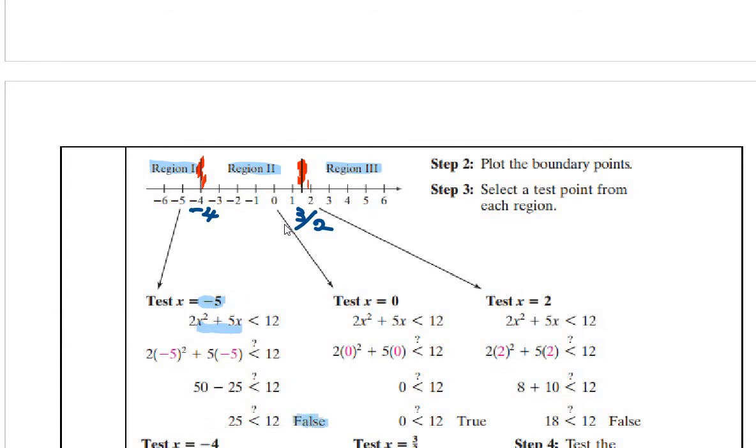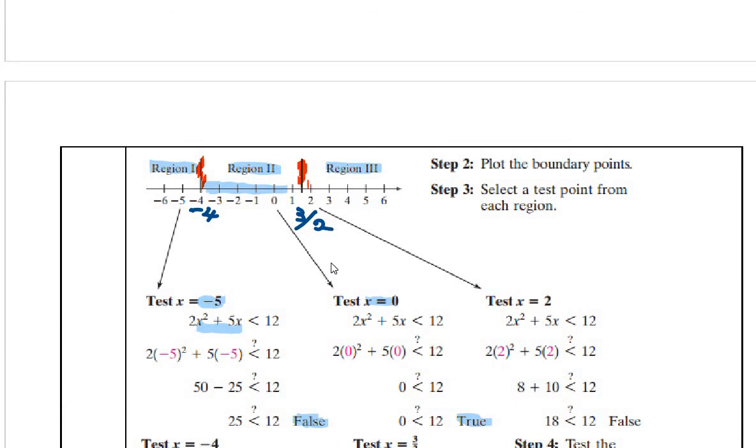Then we go to region 2, find any number in region 2. So I took 0 here, because it falls into region 2. And then I saw 0 is less than 12, so this makes it true.